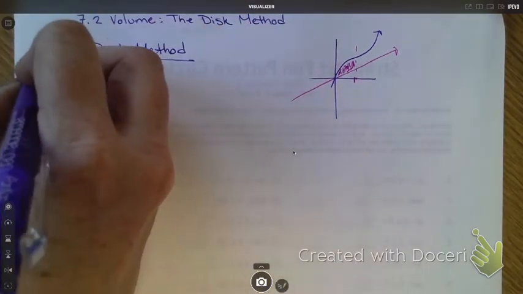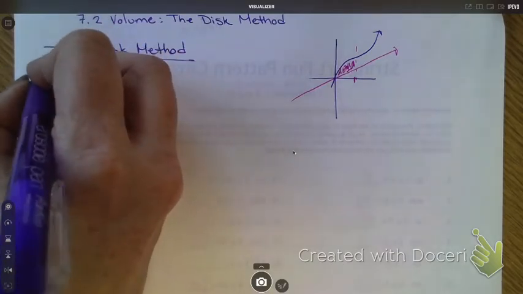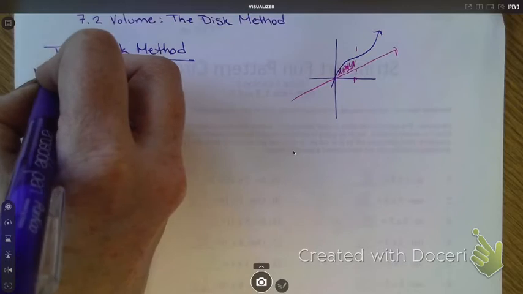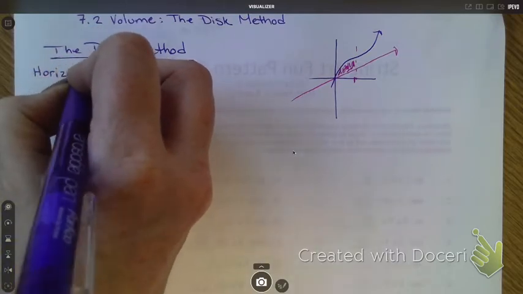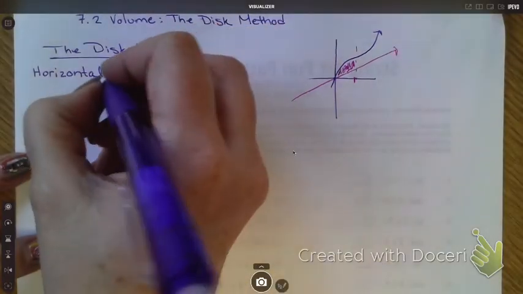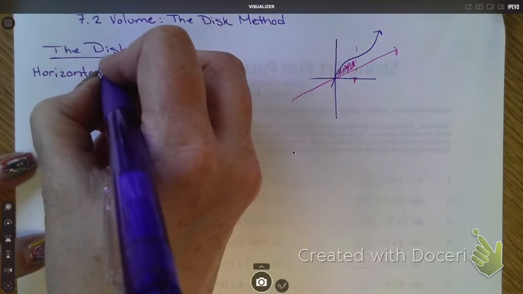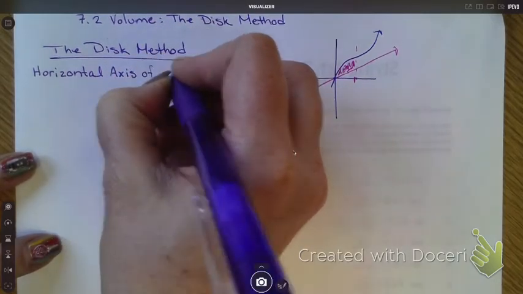is we have a horizontal disk, and that means it's rotated around the horizontal axis. I hate to say the x-axis, but the x-axis is one horizontal axis, correct? Yes. So I'm just going to put horizontal axis of revolution.